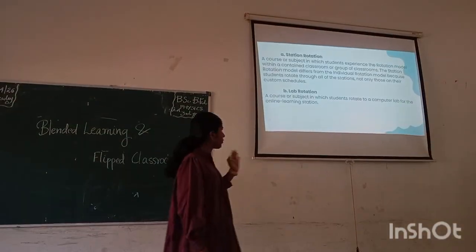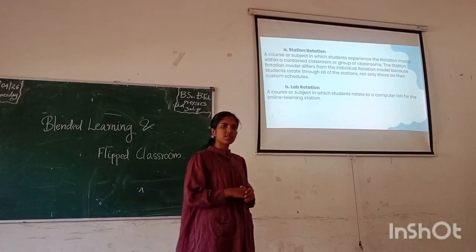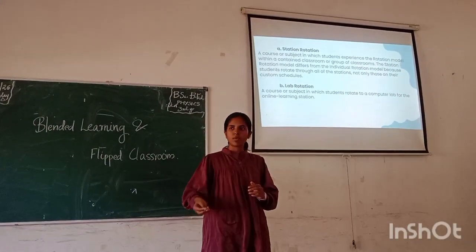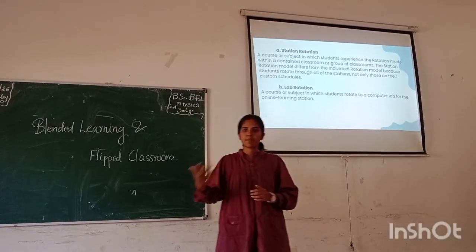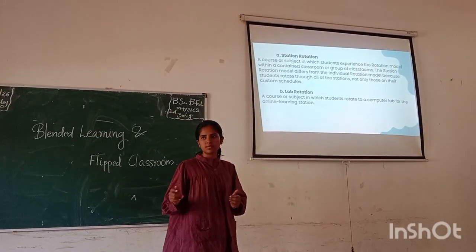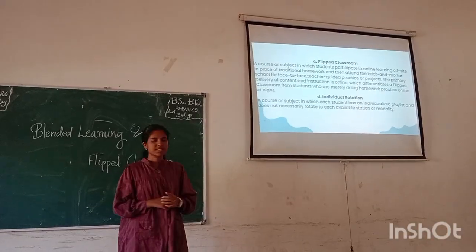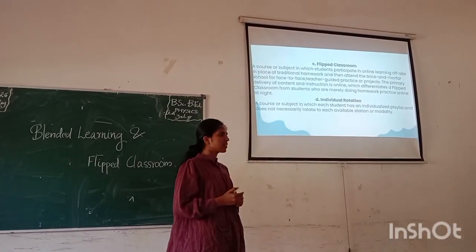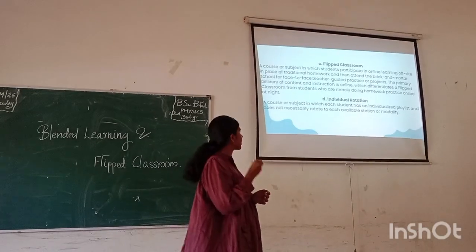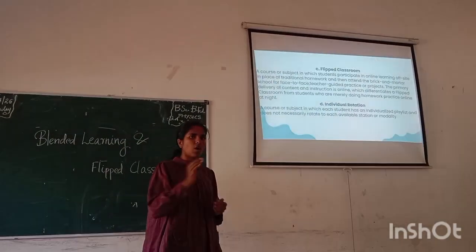And the next is lab rotation. Lab rotation means that whatever we studied in the classroom, the students then move into a lab for practical application of what they studied. That is lab rotation. Next is flipped classroom. We all know about the flipped classroom. It involves participating in online learning offsite.